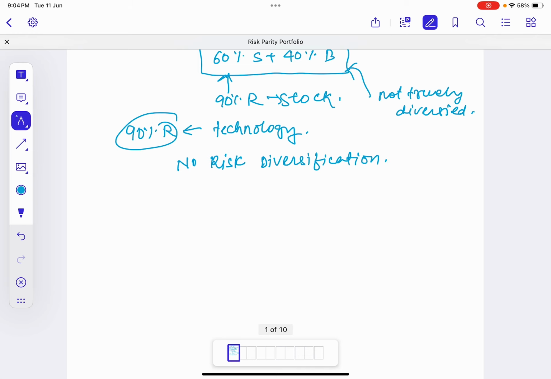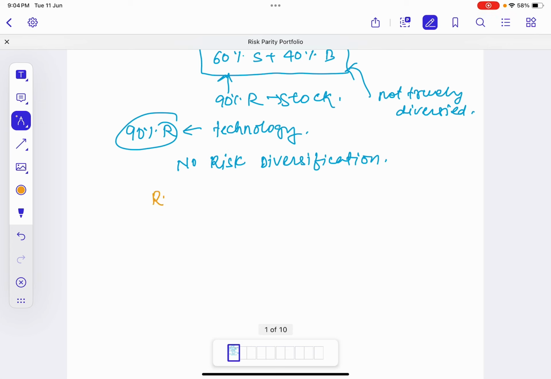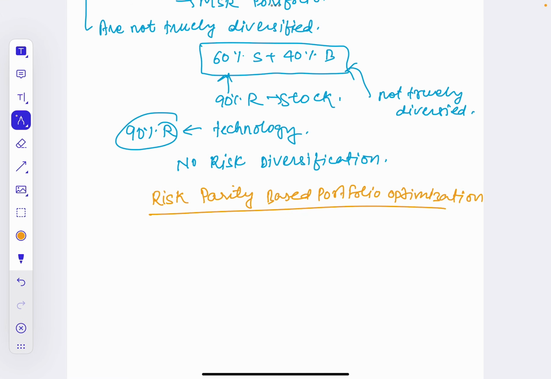In this context, a new advanced technique is risk parity based portfolio optimization. What does it say?